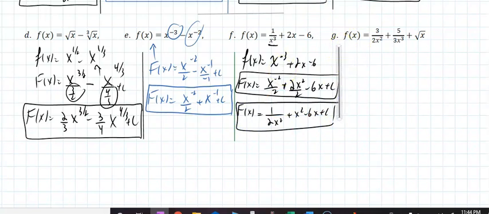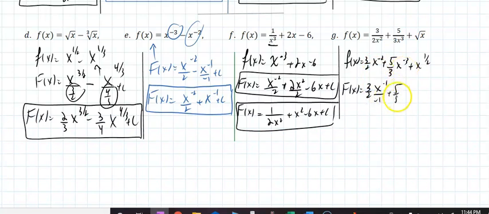Last problem, again, before I start, I'll rewrite it. And that's x to the 1/2. So capital F of x is add 1 to the power, divide by the new power, 5/3.